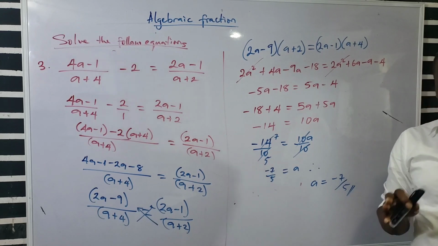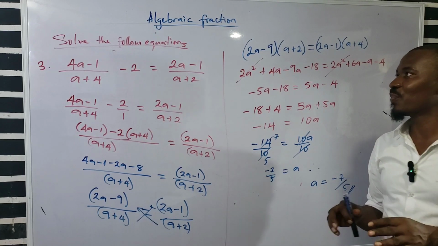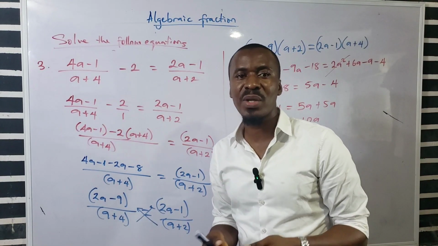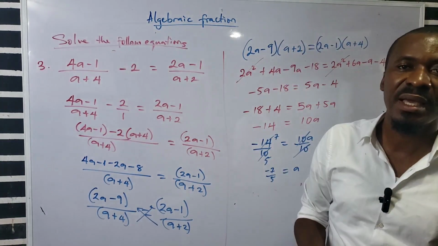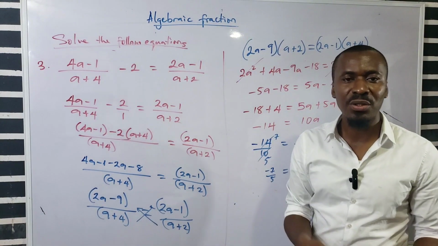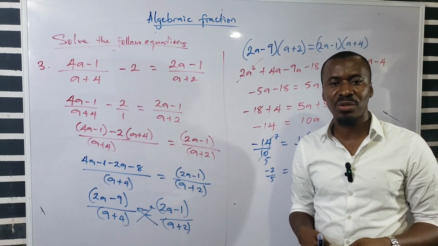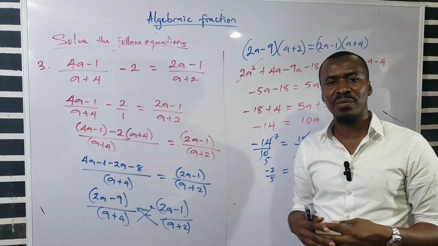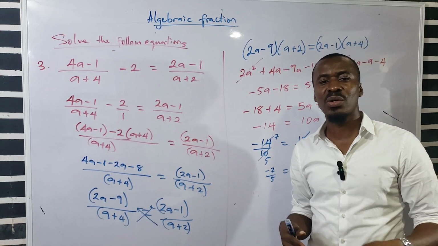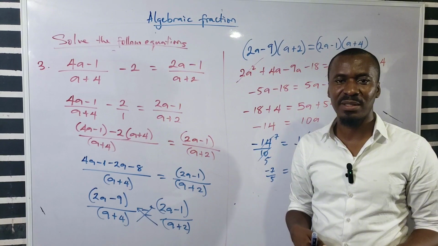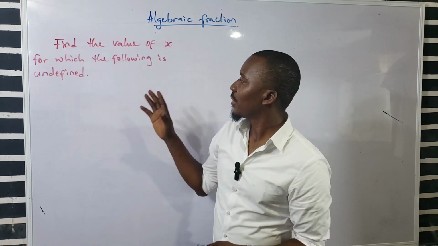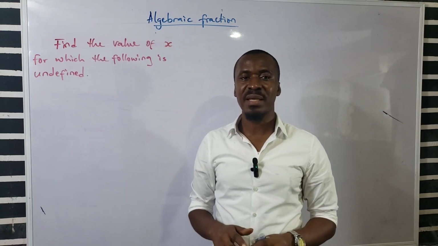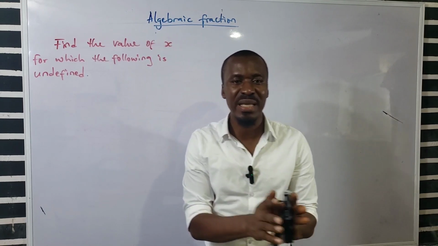Okay. So the last segment of this topic is when we say undefined. When you are given an expression and you are asked at what value of the variable will make the expression to be undefined, let us have a sample of such question, then we explain what undefined means in mathematics. In mathematics, when we use the word undefined, it simply means that that expression will not exist.